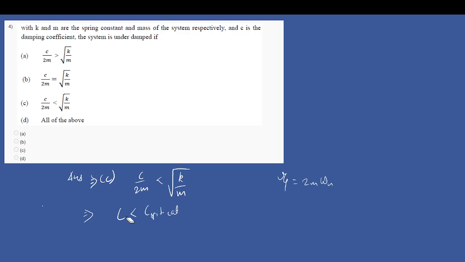Yeah. So C is equal to xi square. One second, I need to check this.